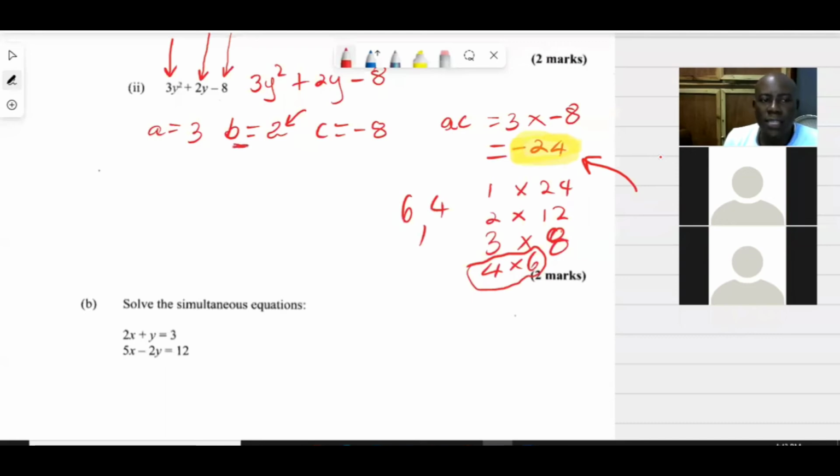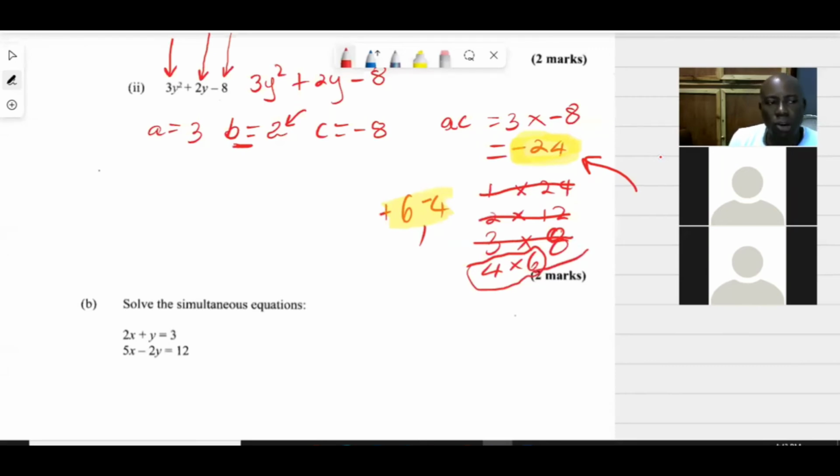B is positive 2, so the 6 is positive and the 4 is negative. So we're going to be using these two numbers here. All right? The other numbers could not work because we can't get a 2 by adding or subtracting those. We can't get a 2 there. We can't get a 2 there. We can only get a 2 from this one. And that is why we use them.